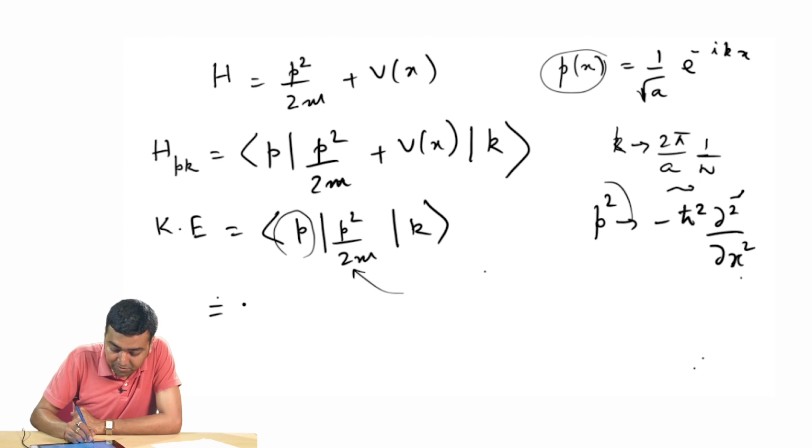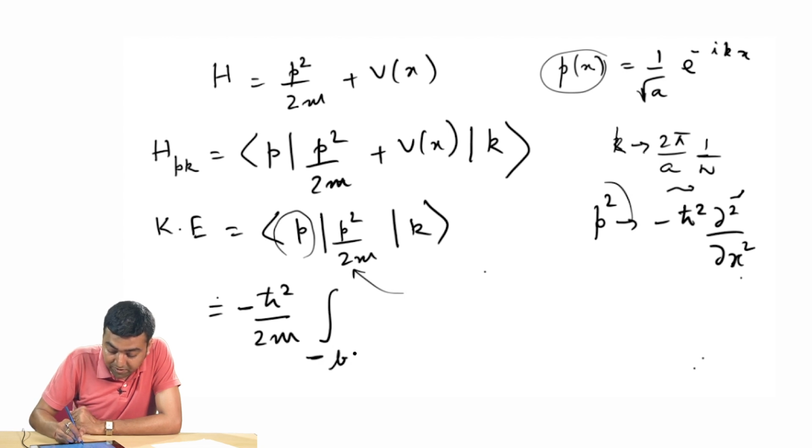I am taking the constants outside the integral: minus h cut square by twice m is a constant. Then what I need to integrate is over the whole length of the box, that is minus b by 2 to plus b by 2.